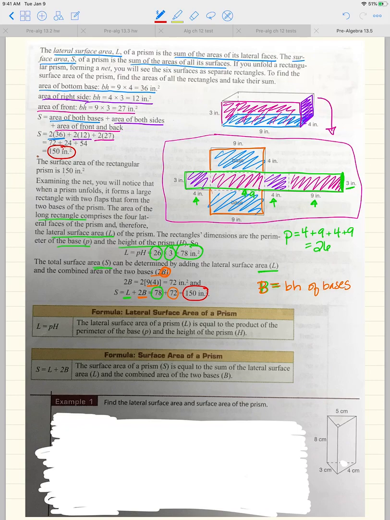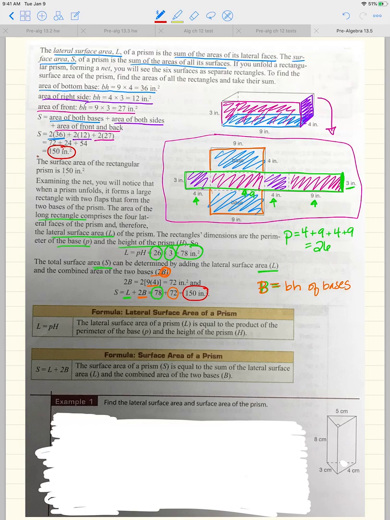So, two formulas. Lateral surface area of a prism, again, is just our green, the long rectangle area, that does not include the area of the bases. So it is the area of the four faces that are not the bases of a rectangular prism.